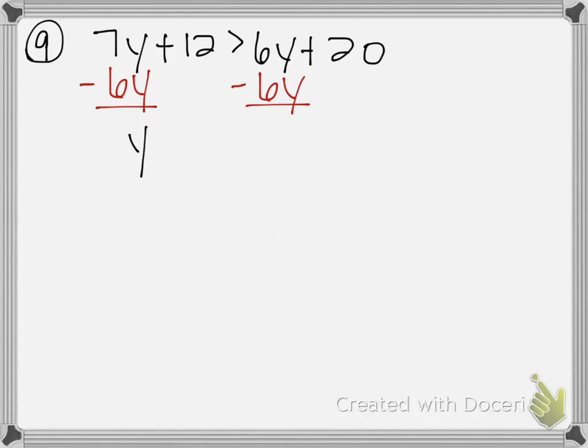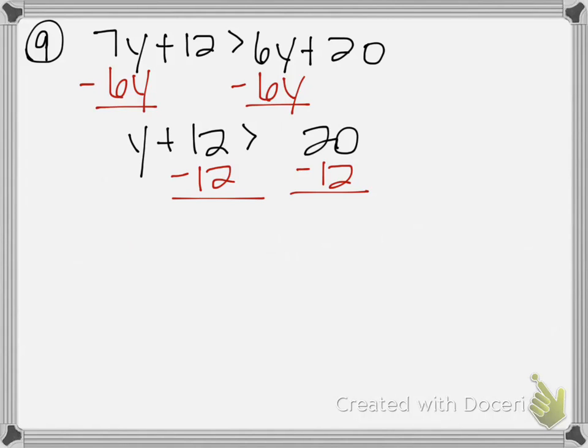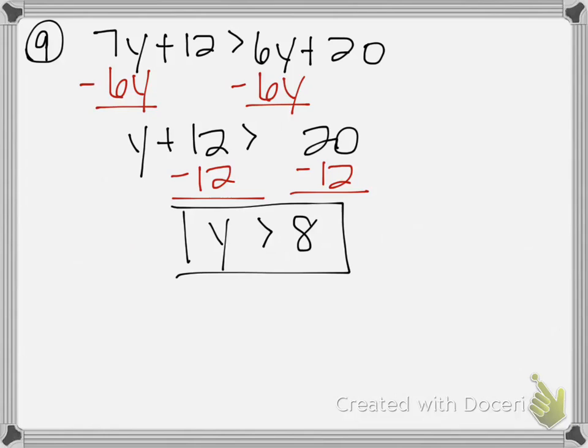So it's going to leave me y plus 12 greater than 20. And then I have to subtract 12. So y is greater than 8. So same process as the last problem. Just get all your variable terms on the left side and then get your y all by itself.